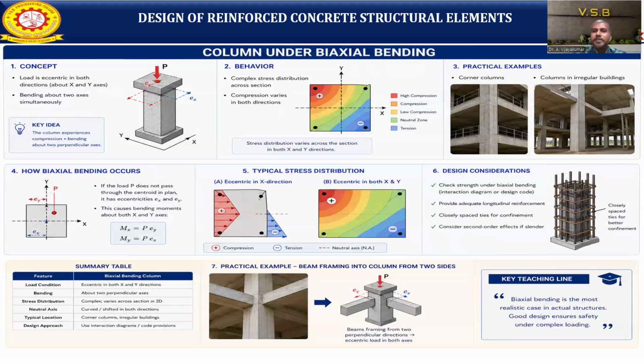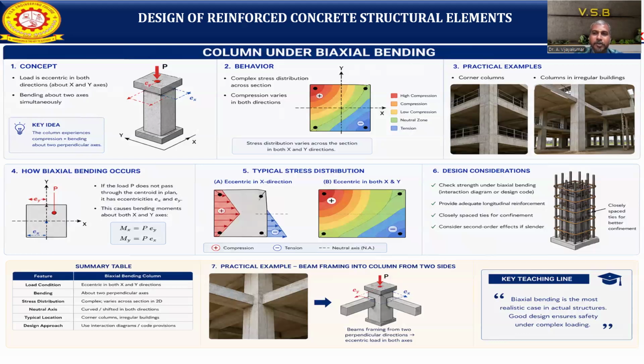If you see here, the practical example shows that corner columns are engaged with biaxial bending. Columns in irregular buildings also face biaxial bending. How does biaxial bending occur? If the load does not pass through the center in the plan, there are eccentricities in both directions, ex and ey.